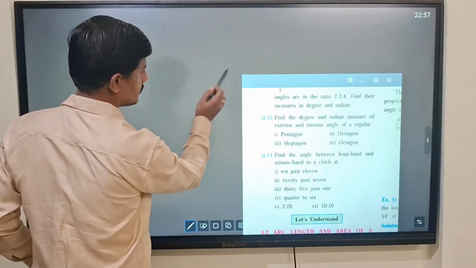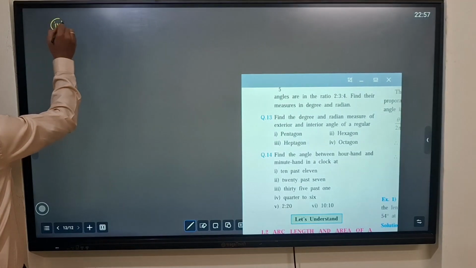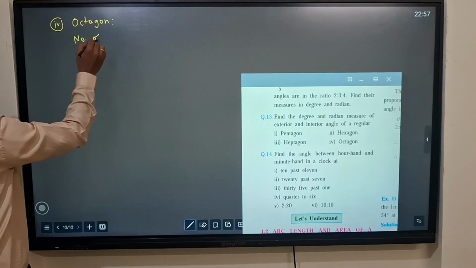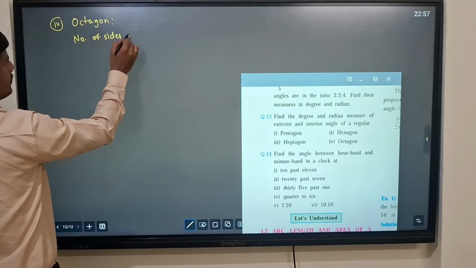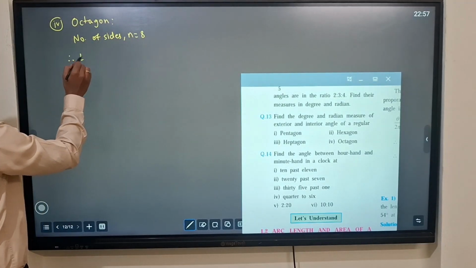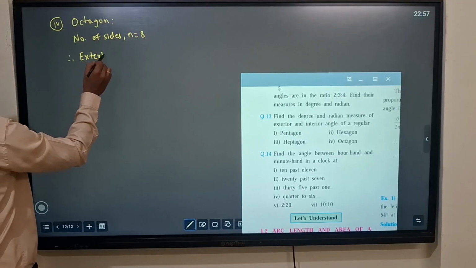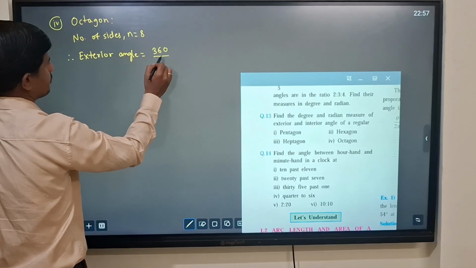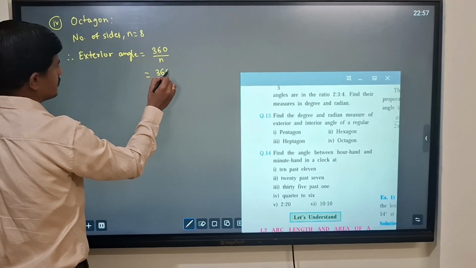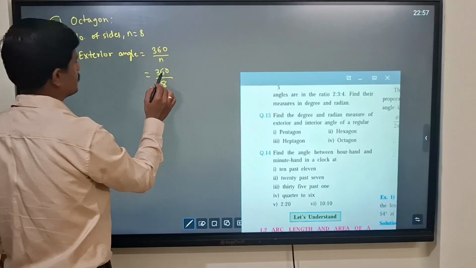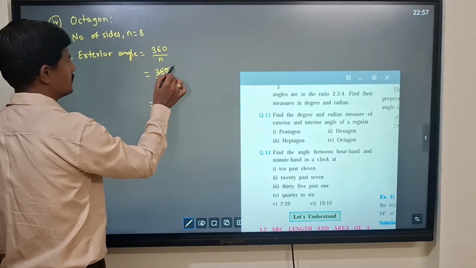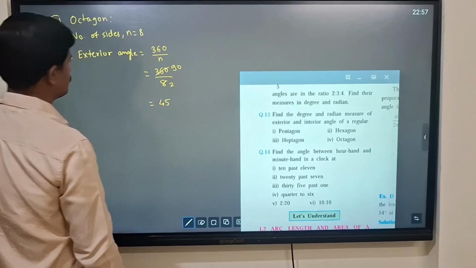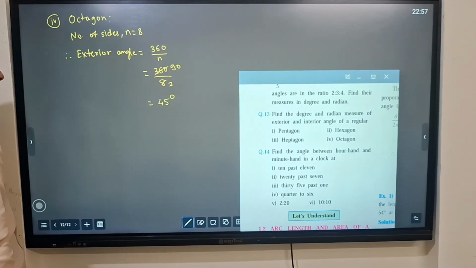Now next, for octagon. Number of sides n is equal to 8. Therefore, exterior angle is 360 divided by n. 360 divided by 8, so this becomes 4 2s are 8, 4 9s are 36, so simply 45 degrees.